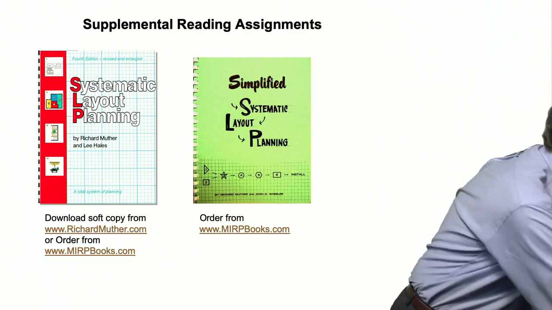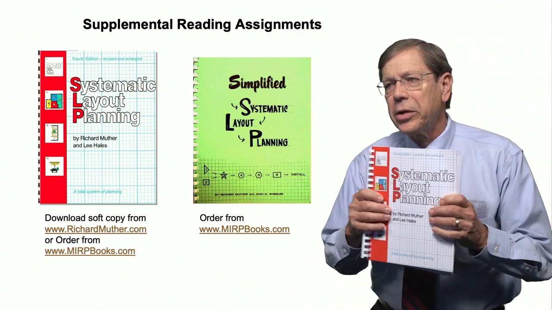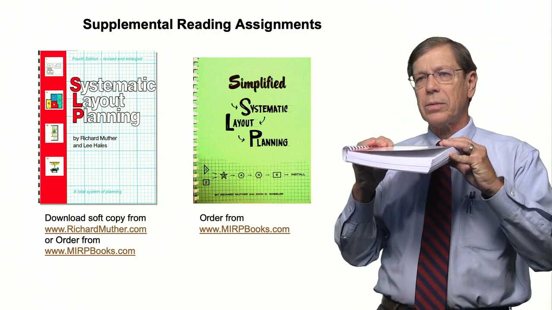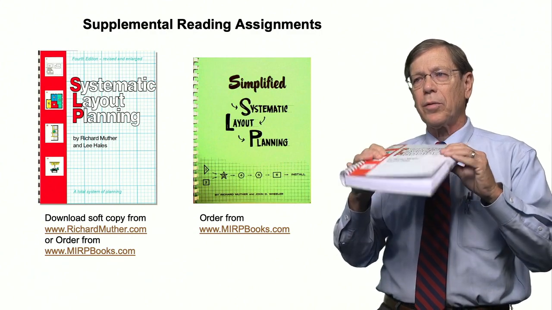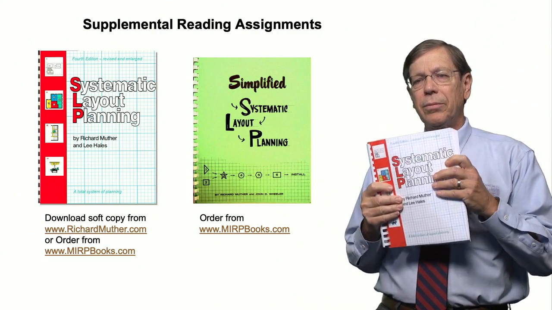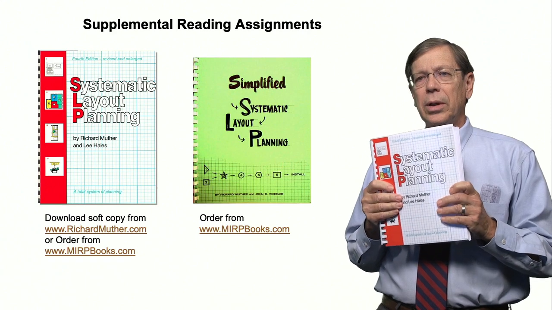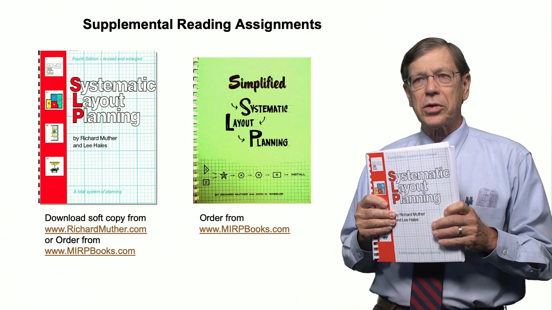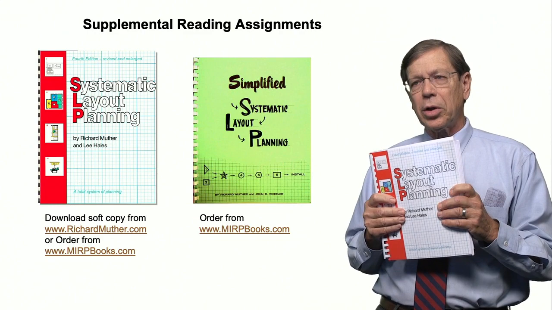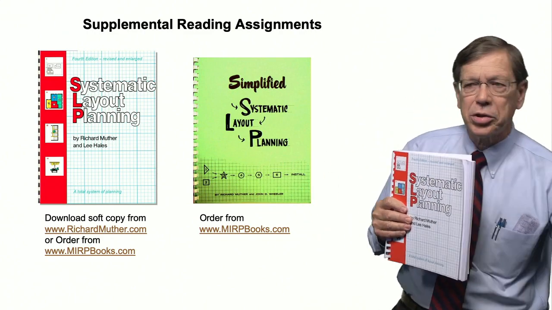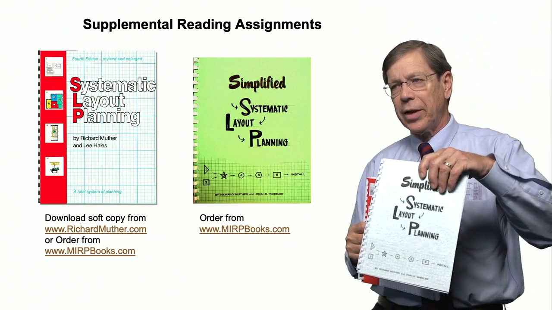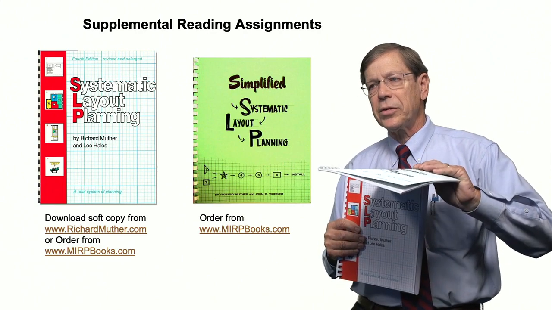Let me just move off screen here and show you. This text is about a 400-page, very thorough textbook on the subject of systematic layout planning, but also the broader subject of layout planning in general. The simplified booklet is very, very thin.